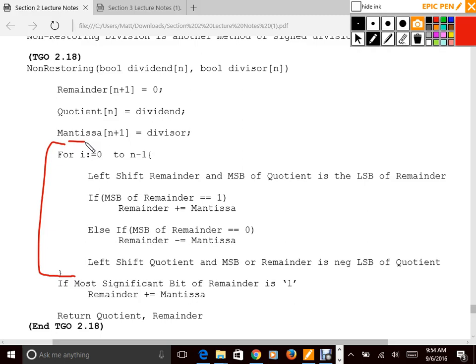So if you get to the end, and the most significant bit of the remainder is 1, what does that mean? What was that? I heard it. Yeah, so you have to add the mantissa, and why?